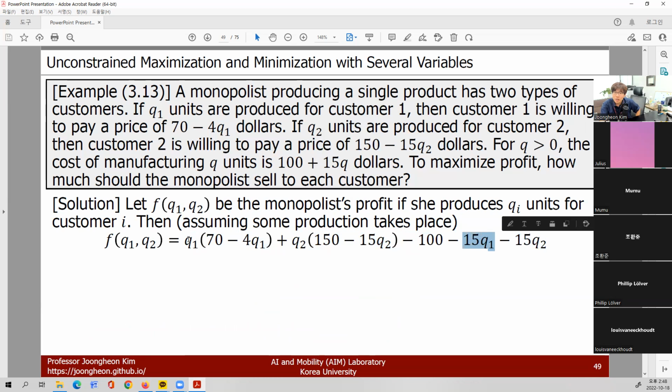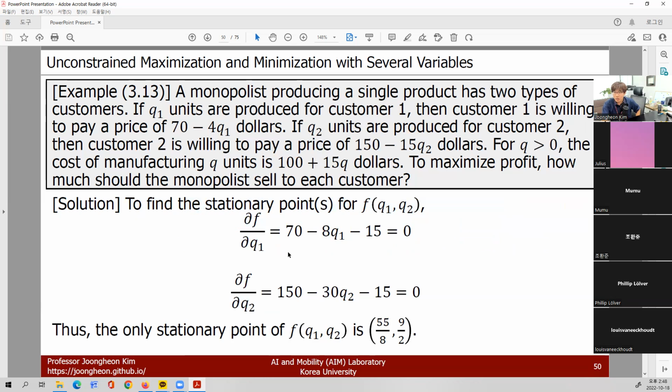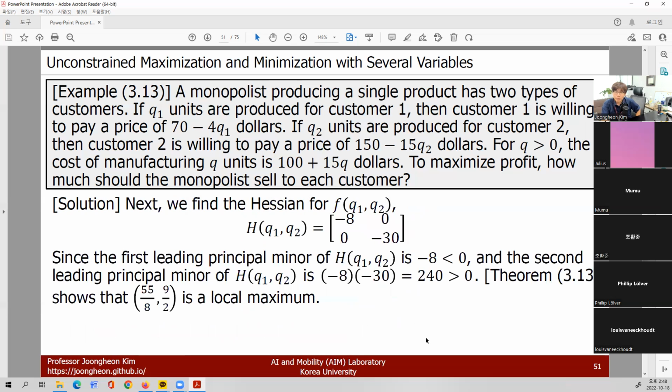Only this one will be considered, and this should be 0, right? And this will be the partial derivative result with respect to Q sub 2, and this will be 0 as well. Then you can calculate what Q1 is. You can calculate what Q2 is, and then you can see what the stationary point is, right?